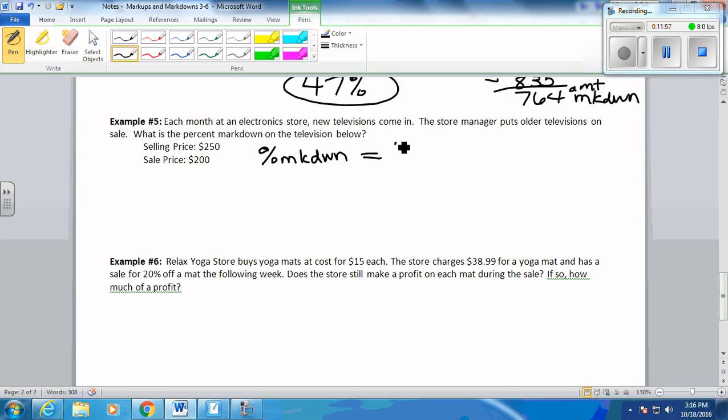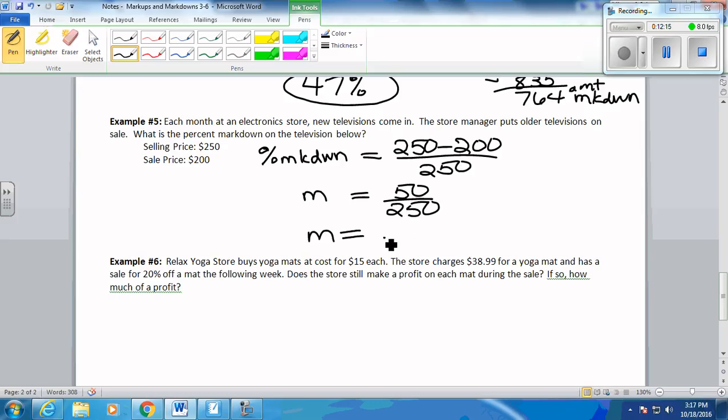So I take the selling price, which was $250, subtract the sale price, which is $200, and then divide it by $250. So I'm really trying to find my M here. I get 50 divided by 250, which equals 2/10. But then I need to be careful, since this is a percent, I have to change it to a percent and get 20%.